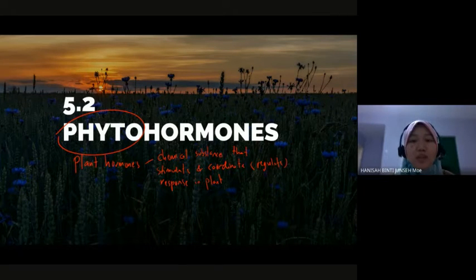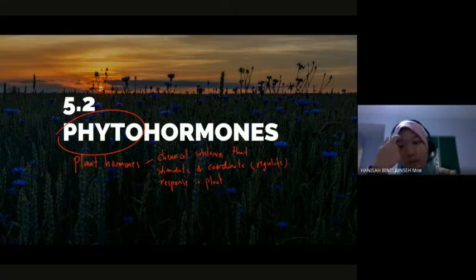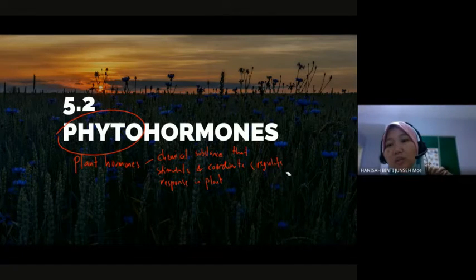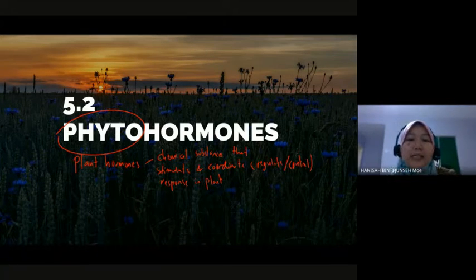Stimulate and coordinate, in one word, we can call it regulate, or in other words, control. This plant hormone is synthesized at certain parts of the plant and will be transported to the target organs in plants through phloem.